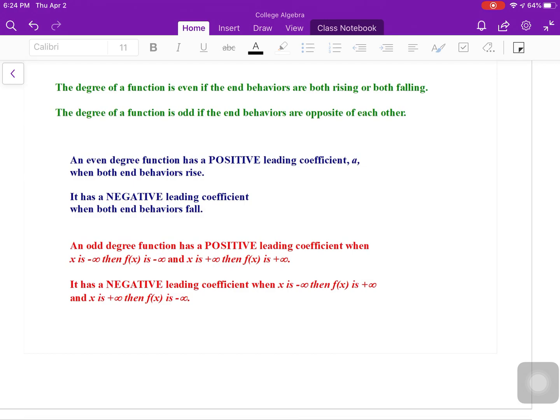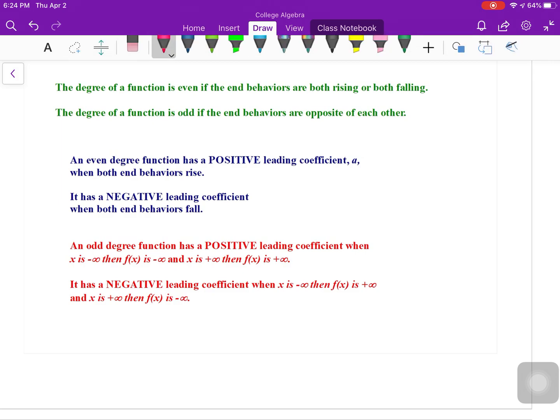So here I've just put those words down. The degree of an even degree means both are rising, which would mean y's go to positive infinity, or both are falling, y's go to negative infinity.